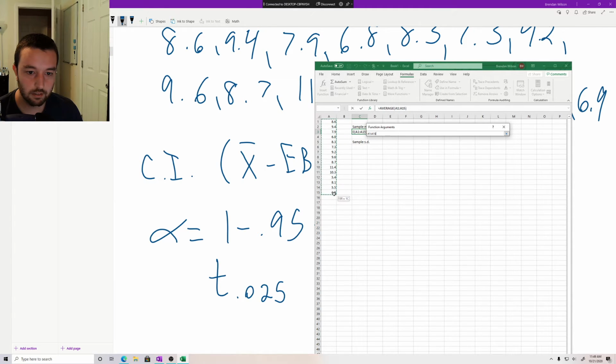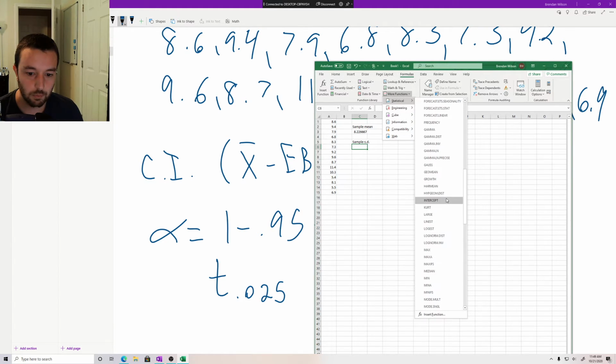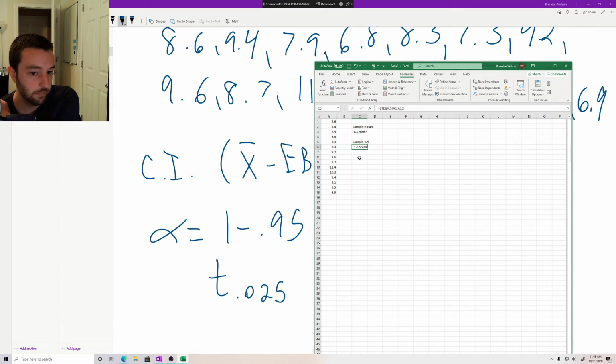We want these numbers. There's the sample mean, 8.22. And then we want the sample standard deviation. So remember, we're doing STDEV.S. So we get 1.672238.